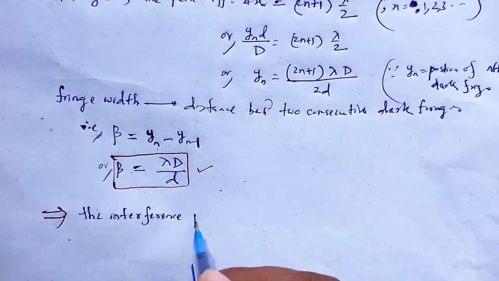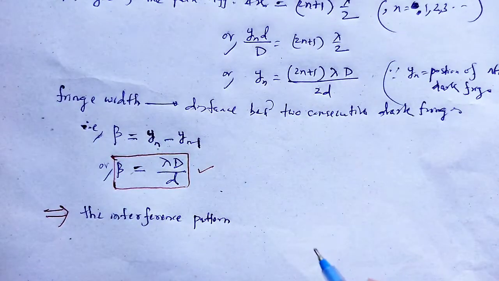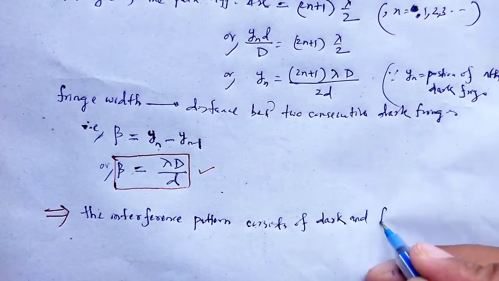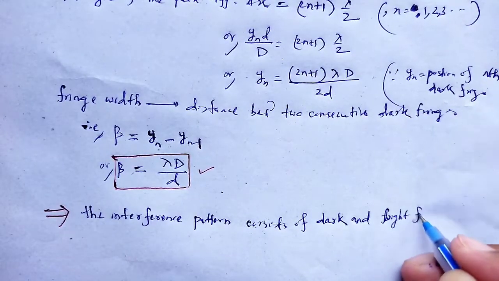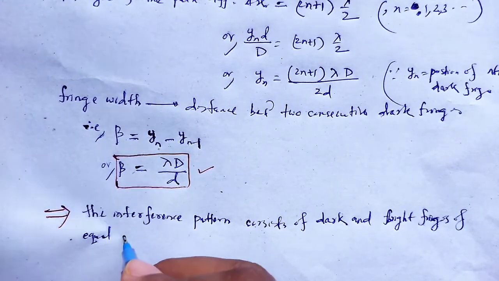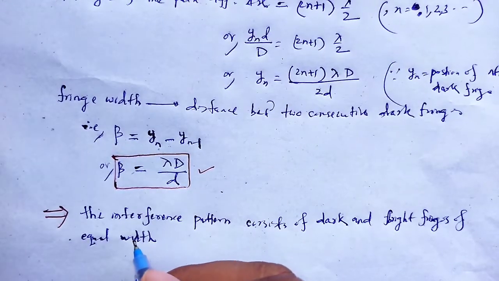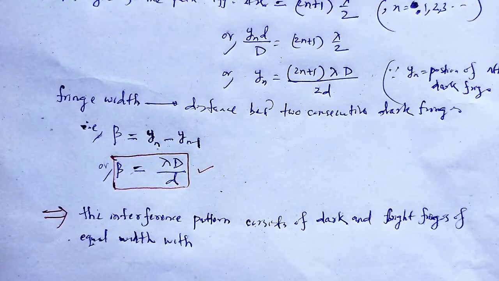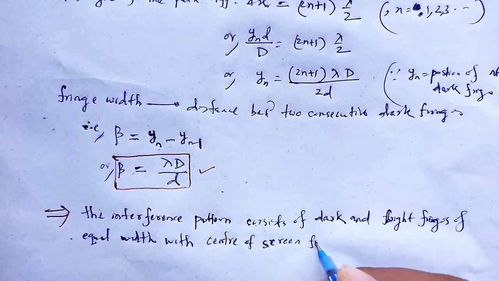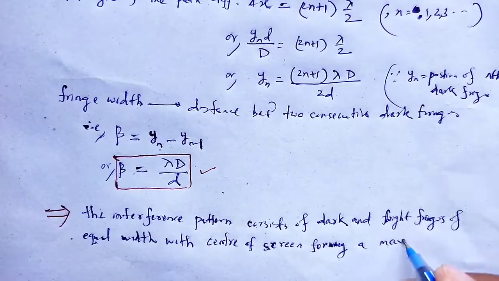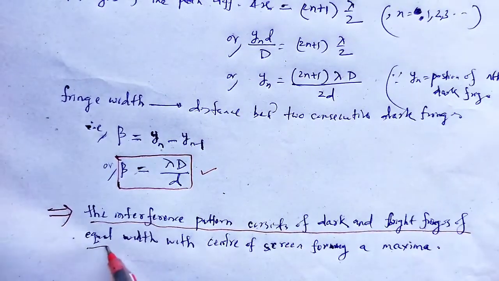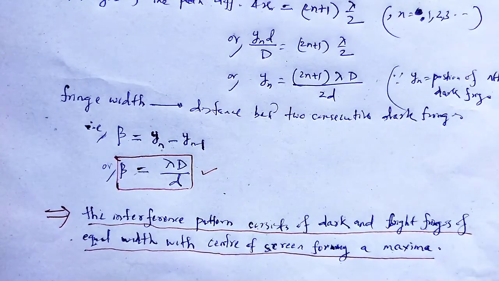The interference pattern consists of dark and bright fringes of equal width, with the center of the screen forming a maxima.